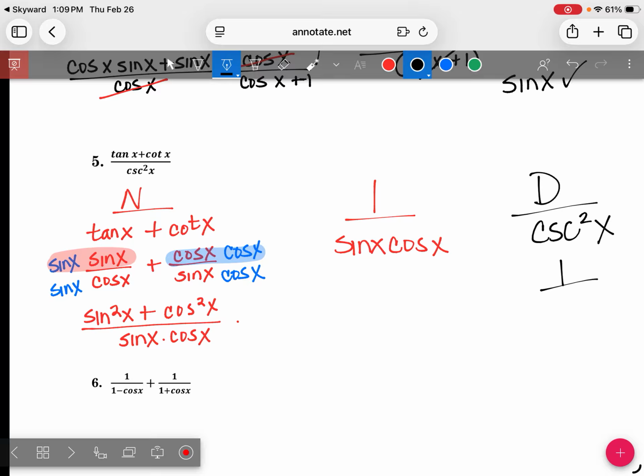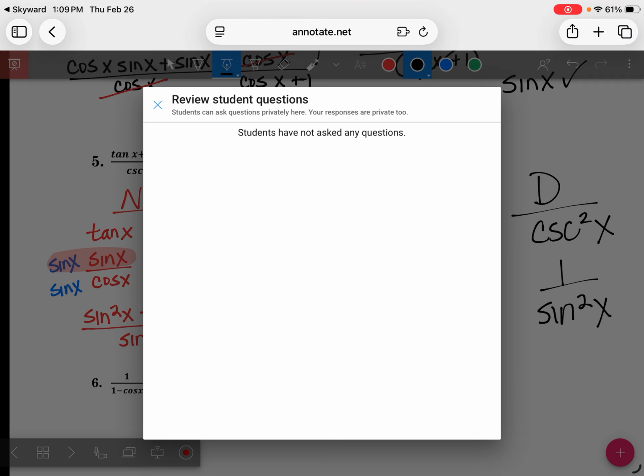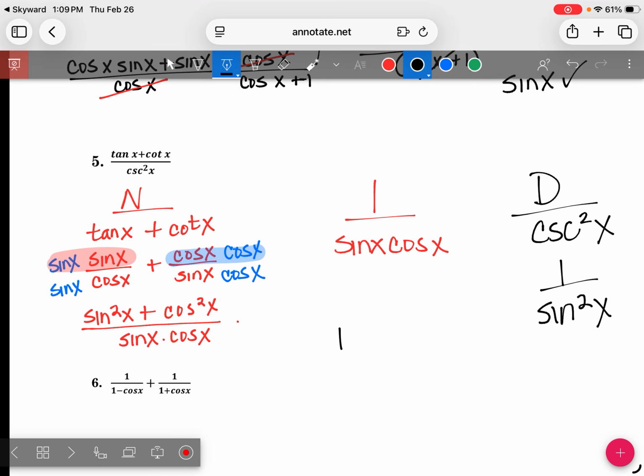It is, but I don't know why we're struggling. We've been talking about this forever. Who is the sister to cosecant? What's the problem here? Yeah, so this is going to become 1 over sine squared. So what I have is, oops, I have 1 over sine cosine divided by 1 over sine squared.